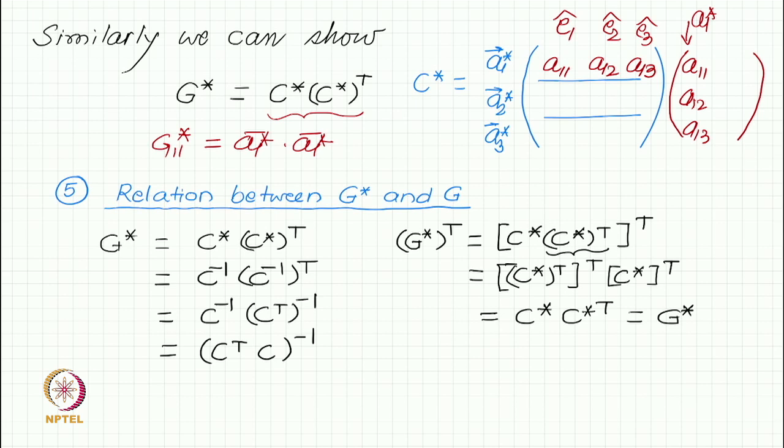So, C inverse, C transpose inverse is C transpose times C, whole inverse, direct from the matrix rules which you must have studied. But C transpose C, you must be recognizing it by now. C transpose C is what? Yeah, Ashita? Metric tensor G. So, it is G inverse. So, once more verified that reciprocal space is reciprocal. The metric tensor of the reciprocal space is the reciprocal of the metric tensor of the real space.